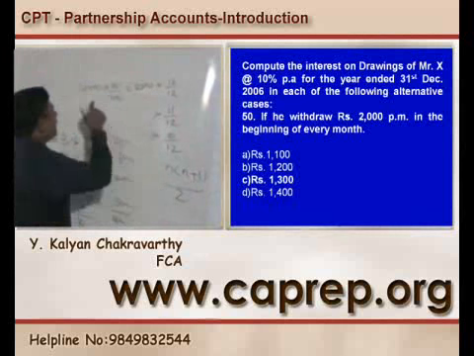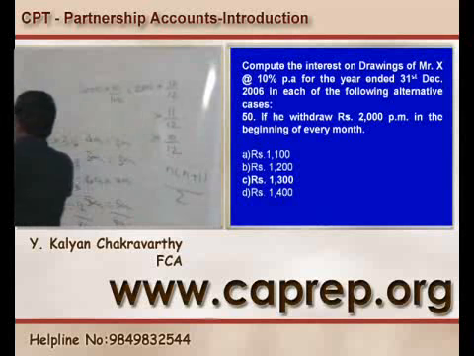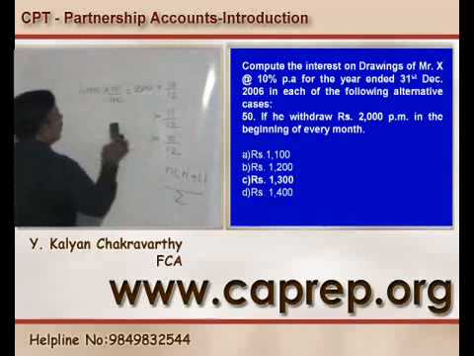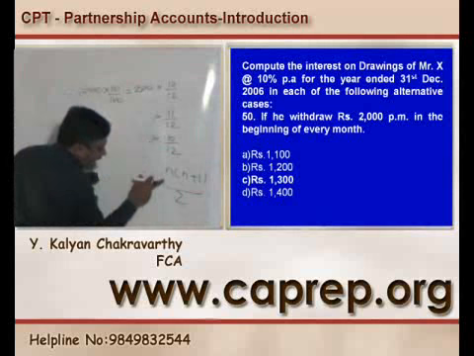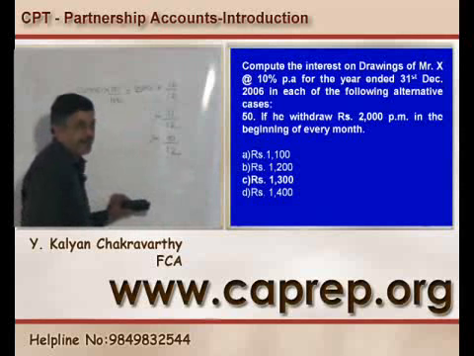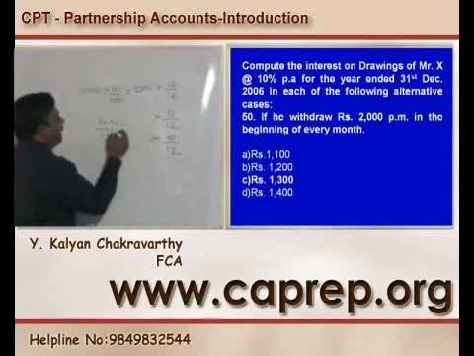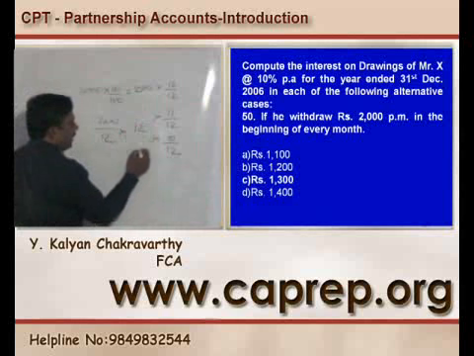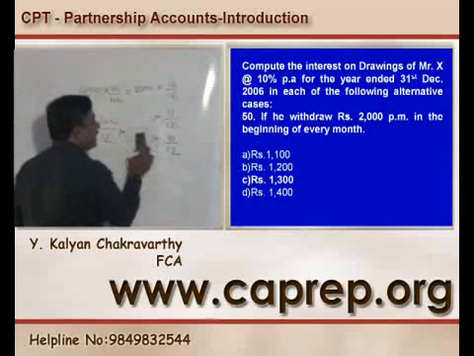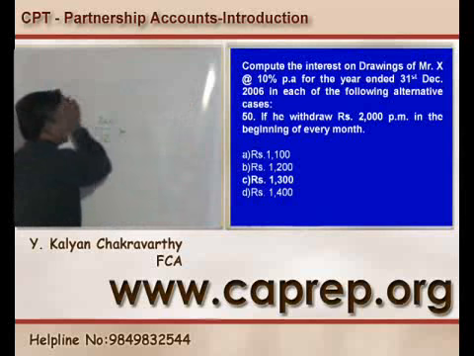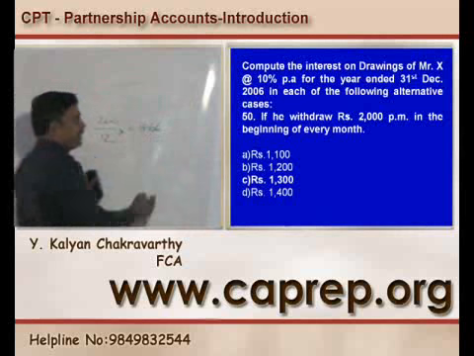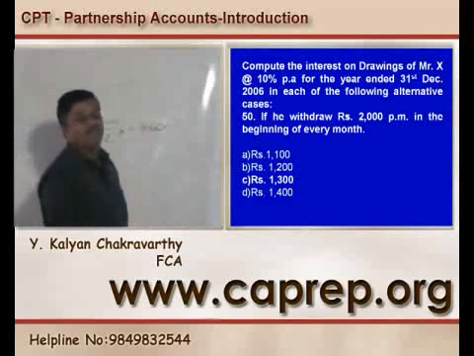So here what I am suggesting to you is 2000 into 10% is 200, that is common. 200, and the denominator is 12, so what you do is divide 200 by 12. 200 divided by 12 into 12 into 11 into 10, it is coming like this. So 200 divided by 12 gives 16.66. This should be multiplied by n into n plus 1 by 2.